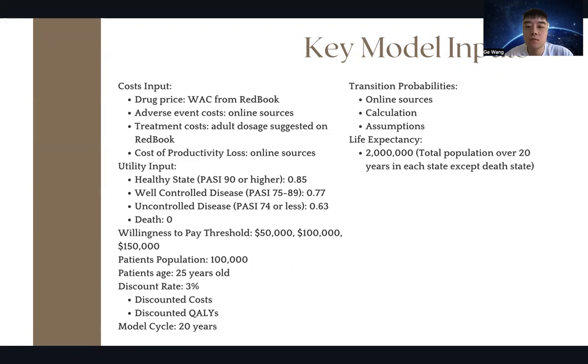Our discount rate is 3%, which includes discounted costs and discounted QALYs. The model cycle is going to be 20 years. For our transition probabilities, we have them from online sources, calculations, and assumptions. Lastly, life expectancy is based on the total population over 20 years in each state except the dead state. Next, please.